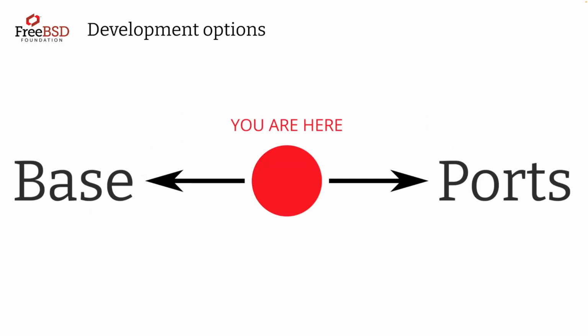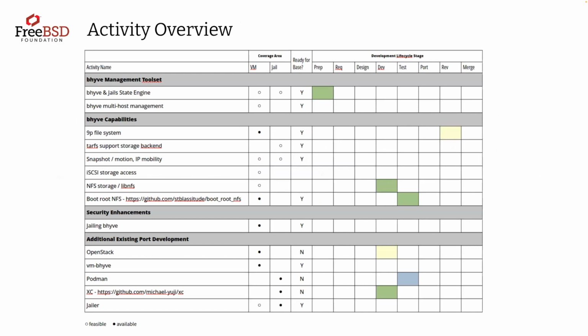Does it go into base? Does it go into ports? I think we're probably going to start with something in ports that is going to migrate at some point into base. But I think it's the usual problem. I also looked at what is actually happening within the community. On the next slide, I started to compile all the different kinds of activities and where they stand, in terms of whether they address bhyve or jails, and where they are in the development process.